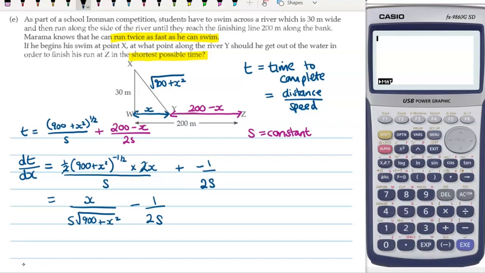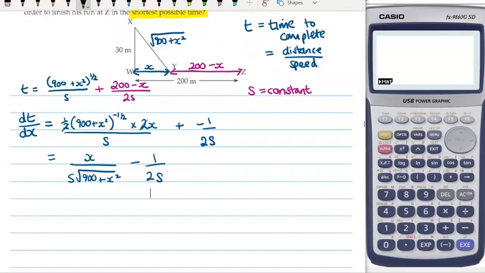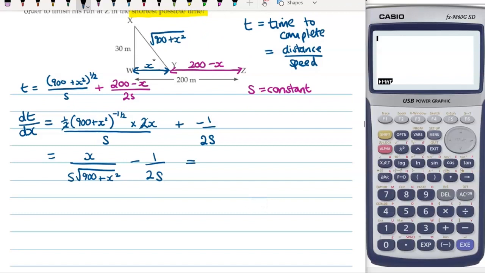So now we've got an expression for that derivative. We can use optimization to find the shortest possible time. We want to set the derivative equal to 0 to find maximums or minimums. So x over s root 900 plus x squared will be equal to 1 over 2s.